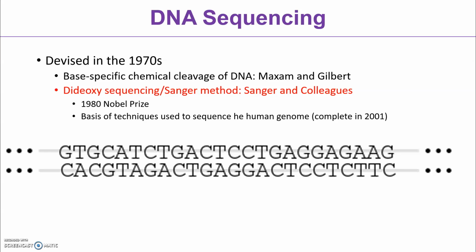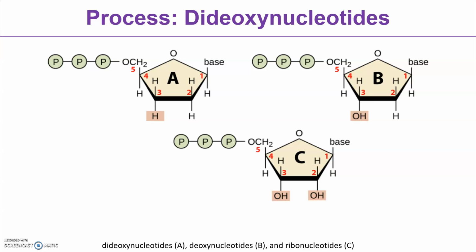Well, Sanger, the one that we're going to discuss, uses dideoxy sequencing. What is that? It sounds familiar because you've heard of deoxyribose, which makes up DNA. So what is dideoxyribose? In C here is ribose, found in RNA, and you'll notice that there are these two hydroxy groups.